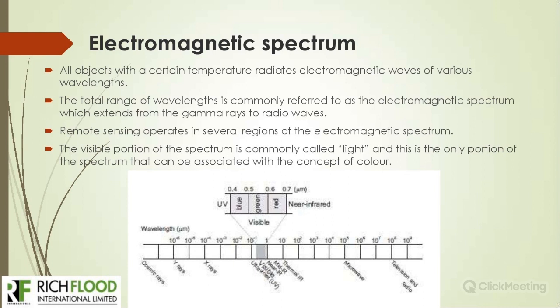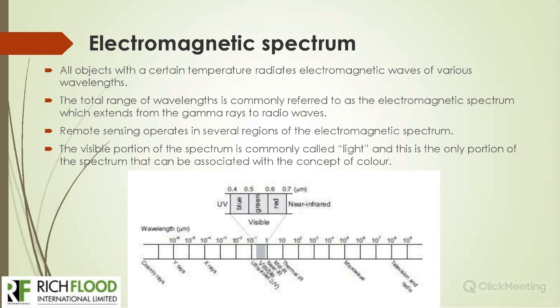The diagram below tries to depict a range of wavelength along the electromagnetic spectrum, and the total range of wavelength is commonly referred to as the electromagnetic spectrum, which extends from the gamma rays to the radio waves. So from the diagram, you can see the range of wavelength is from the gamma rays and extends up to the television and radio waves.